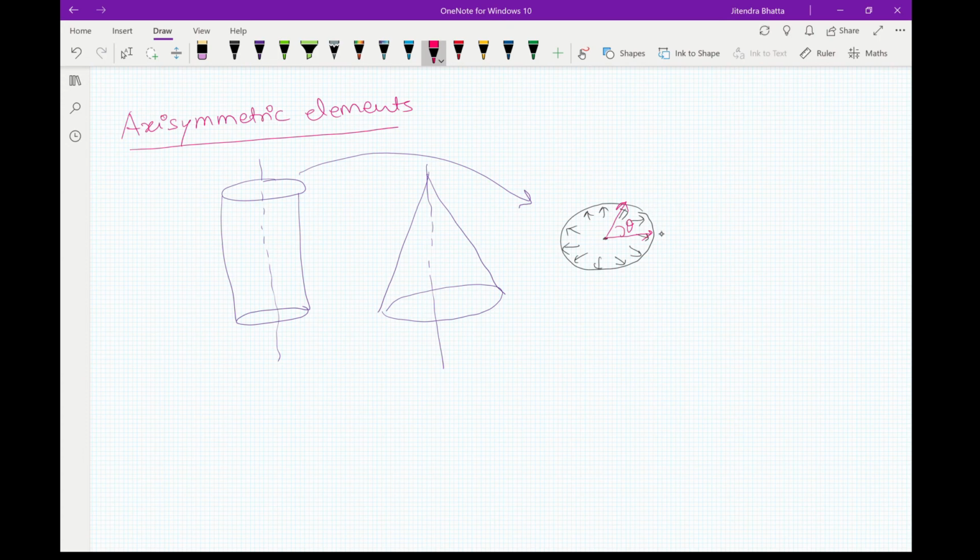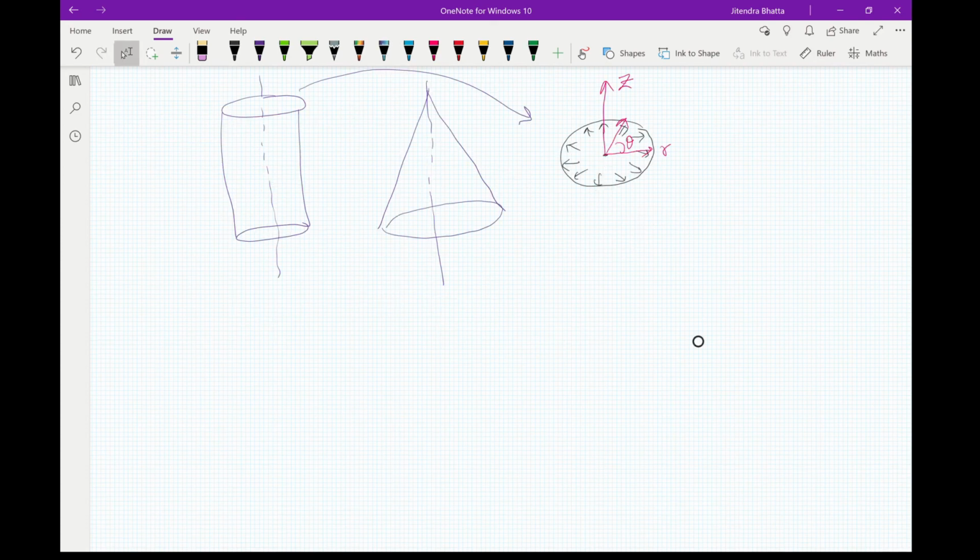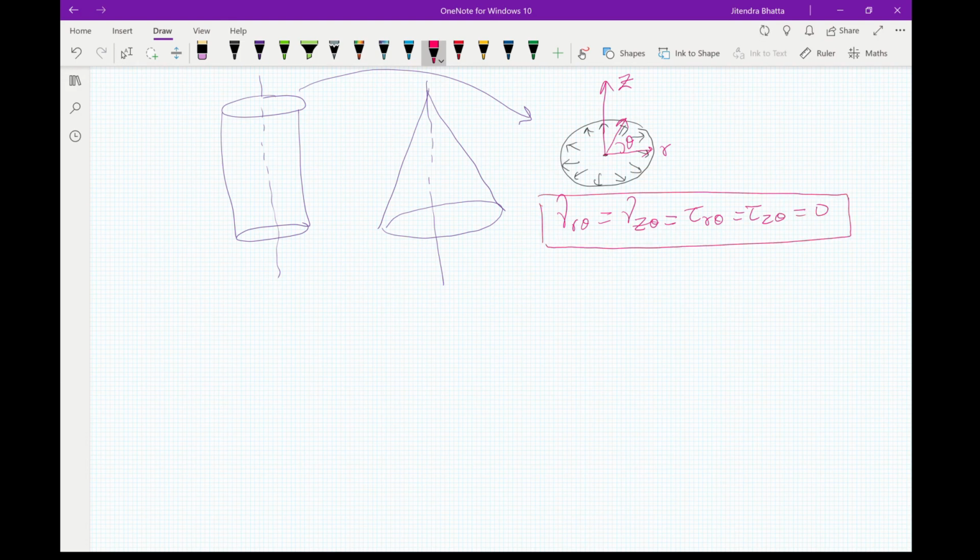If this is theta, let's say this direction is R and the vertical is Z. In this case, we consider gamma R theta, gamma Z theta equals to tau R theta equals to tau Z theta equals to 0. Shear strain and shear stresses with respect to theta plane are 0.